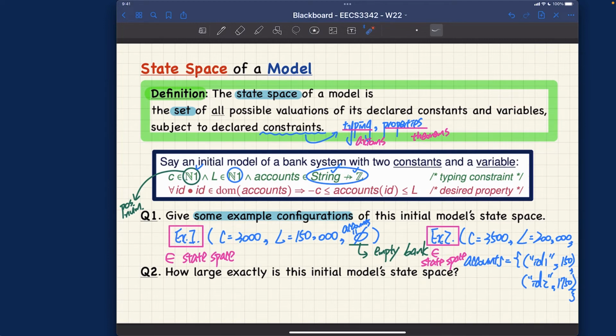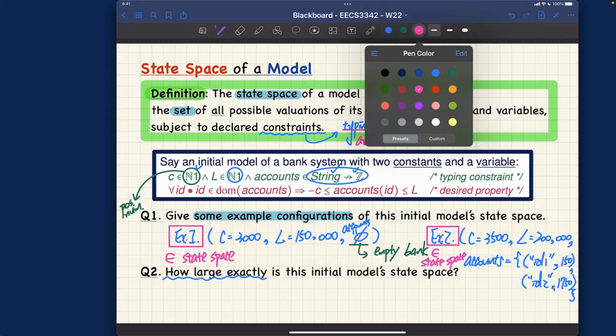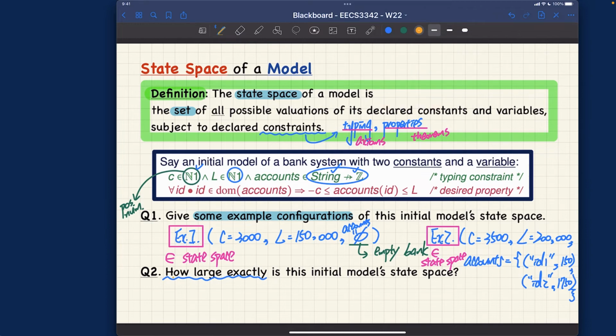But let me simply give you some idea. Whenever you are asking how large exactly the state space is, there is a term which I also mentioned in the slide: combinatorial explosion. Think about choosing different values. How many possible values?